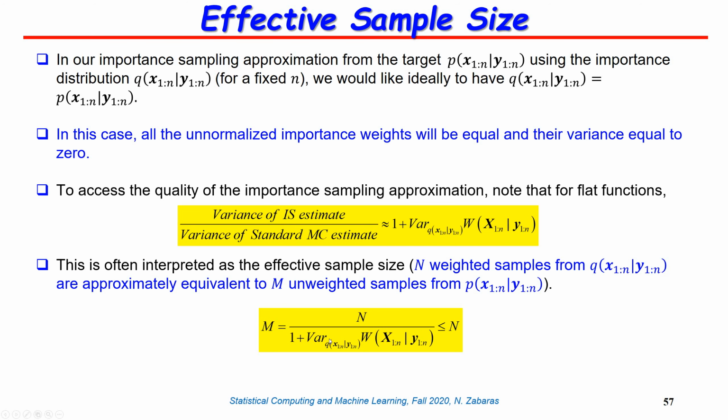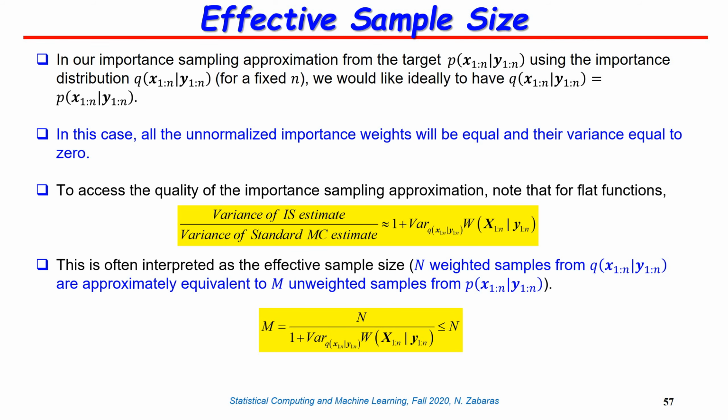If this variance is very high, then effectively you would need many samples in importance sampling to make them equivalent to one standard Monte Carlo unweighted sample.